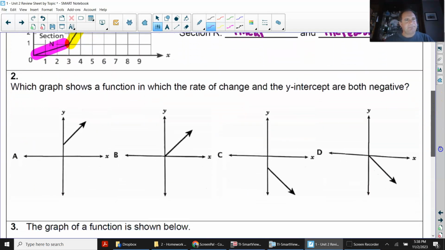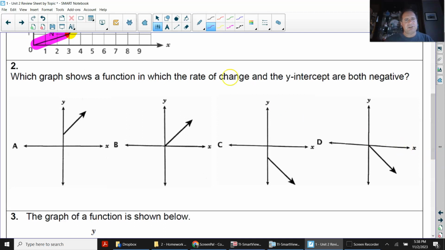That's pretty easy. Which graph shows a function in which the rate of change and y-intercept are both negative? The rate of change has to be negative. That means it has to go down from left to right. And the y-intercept is below, so that means the b has to be negative. So let me just talk about the slope.